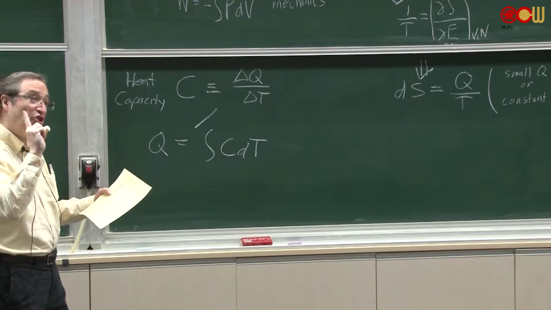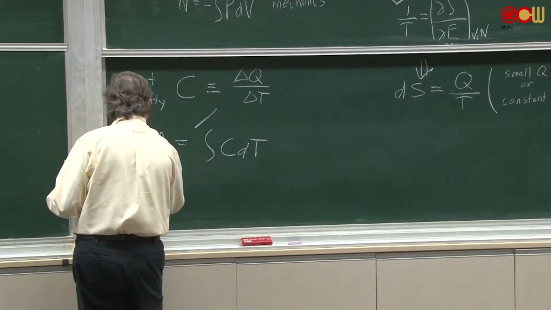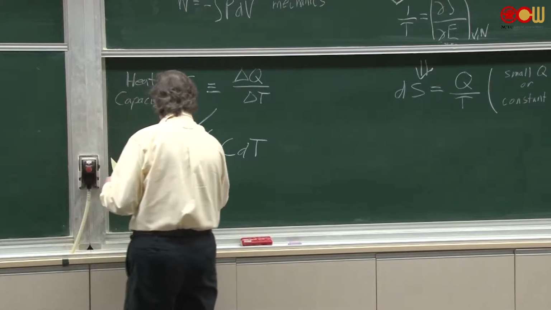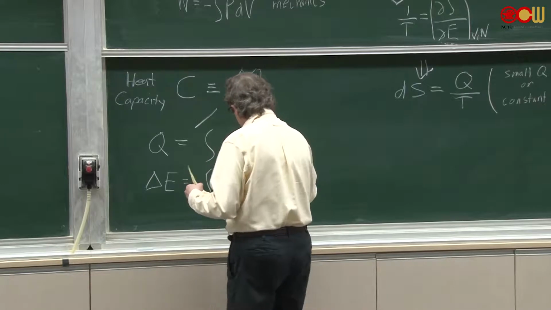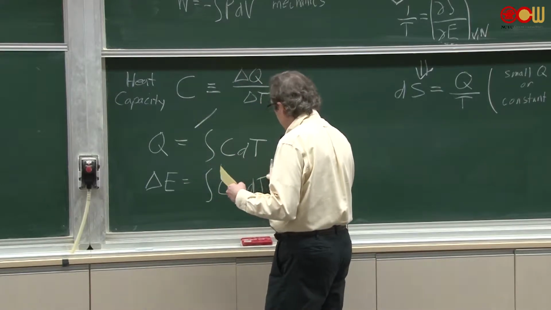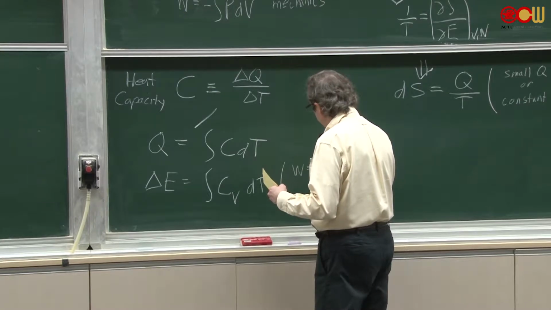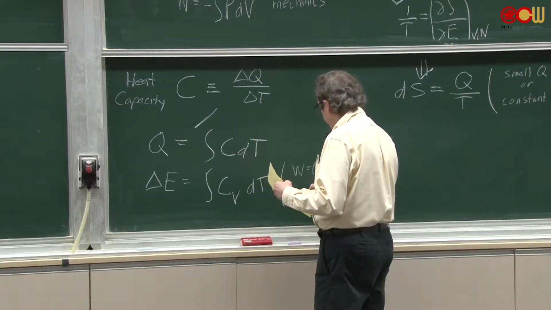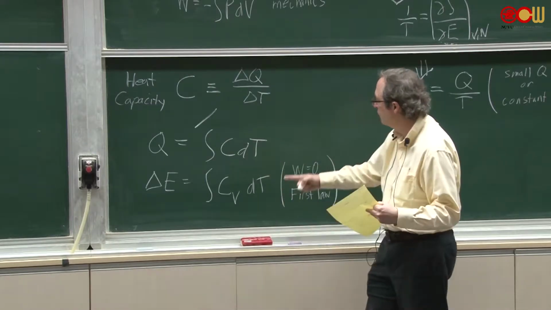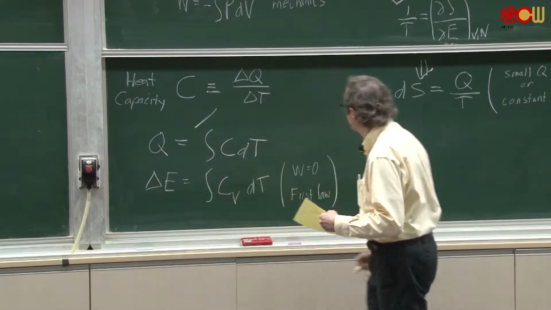And then for certain, in a constant volume situation, we have delta E equals the integral of CV dT, constant volume. And that's because work equals 0 in a constant volume and the first law. All right? So due to the first law and W equals 0, we can say this.